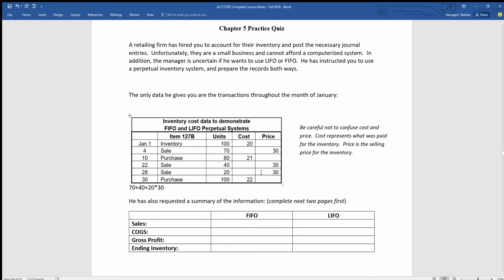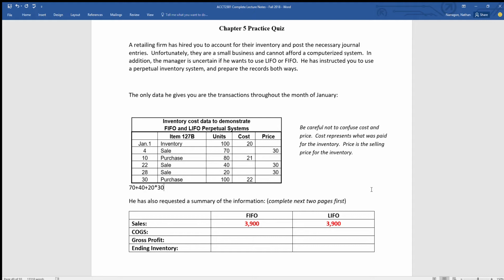If we had different prices, then we would go more individually, 70 times 30, 40 times whatever, 20 times. But our sales price will stay the same. Right now it's 3,900.